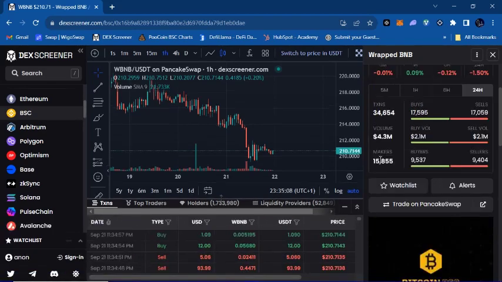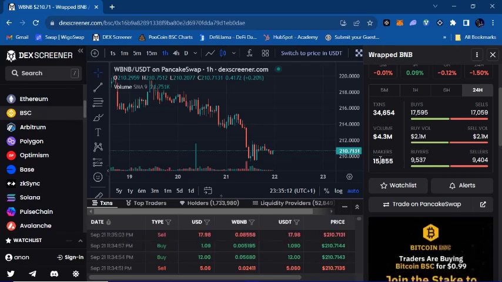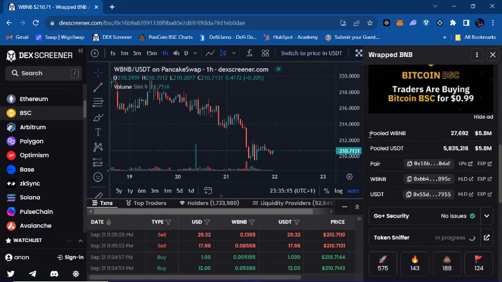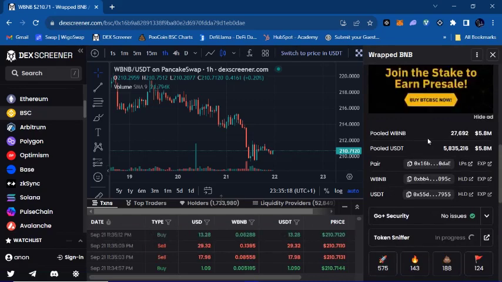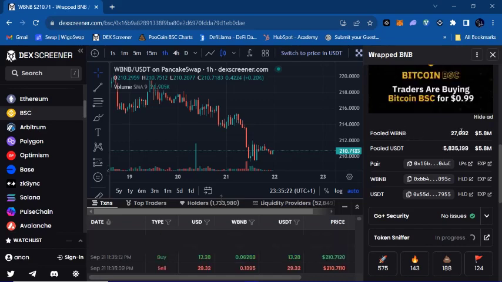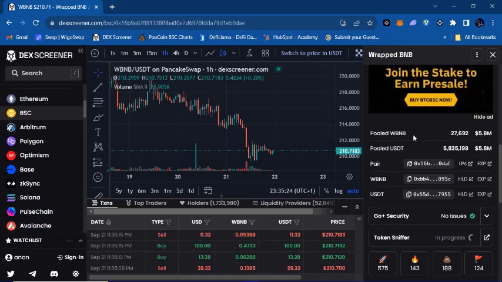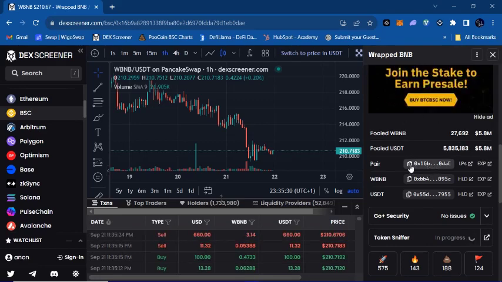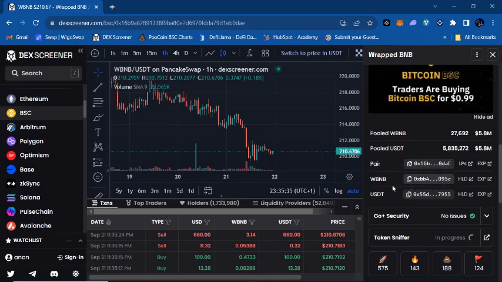All right, so before we get into finding tokens and gems, I want to look at one last part. Now here you can see the liquidity pool. You can see the amount of wrapped BNB that's been pooled and the amount in dollars, and the amount of USDT that's been pooled and its amount in dollars as well. So this is the contract address of the pair, the contract address of WBNB, and the contract address of USDT.